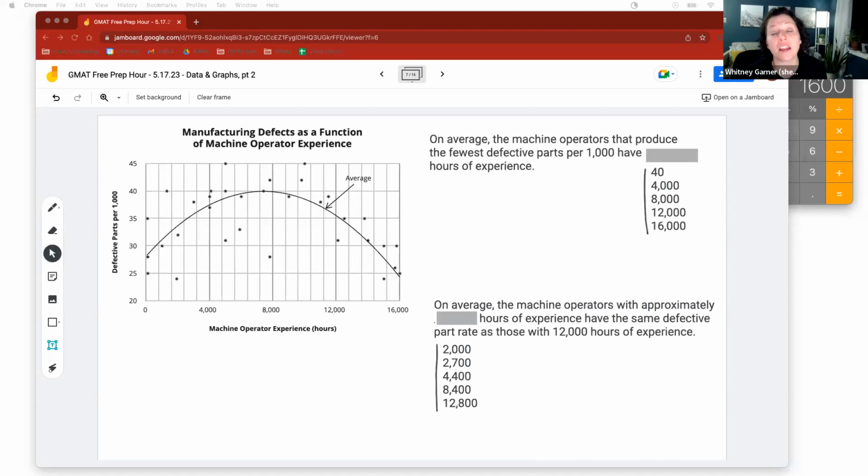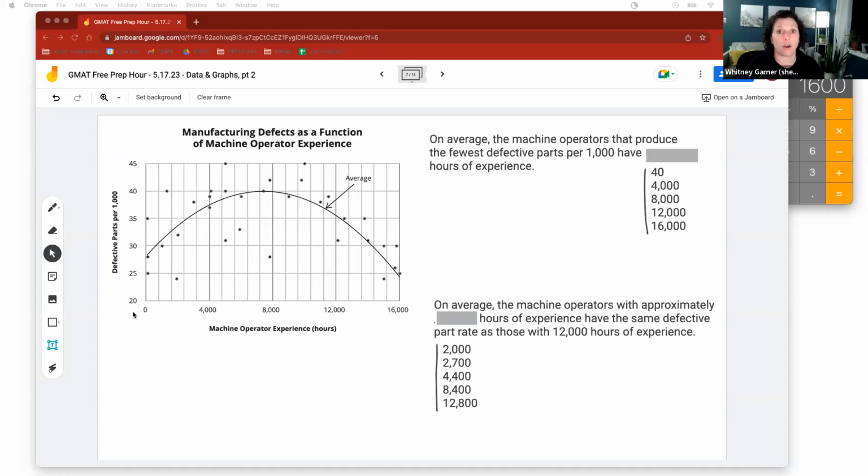So this one may not have looked like an obvious familiar graph at first. We have a scatter plot that's plotting the manufacturing defects as a function of operator experience. Across the bottom is how experienced our machine operator is.